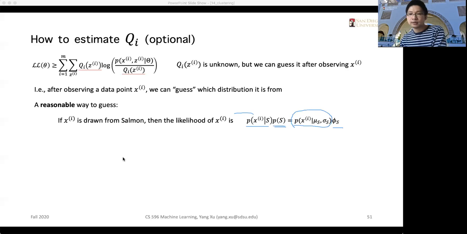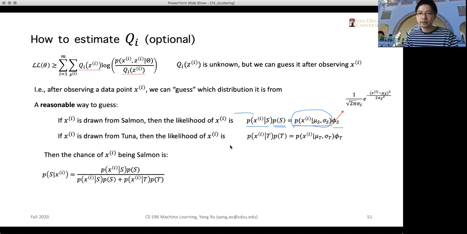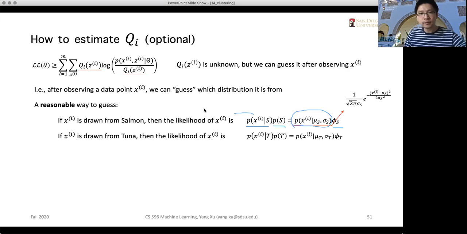And similarly, if it's tuna, we can use another Gaussian distribution to estimate the likelihood, right? So now we can have two likelihoods, one for salmon and one for tuna.